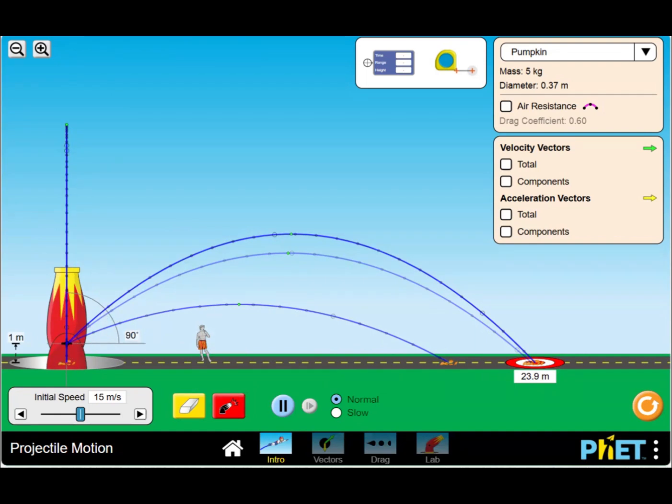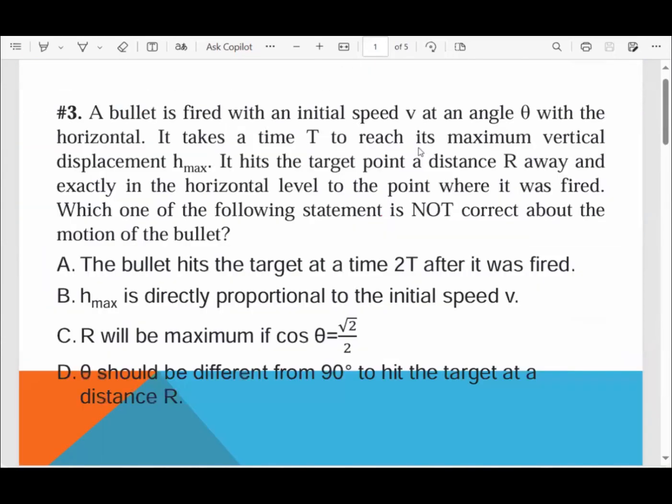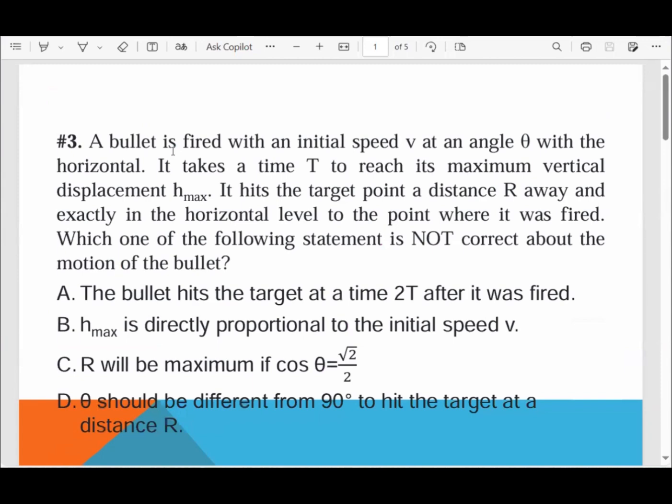Therefore, let us go back to our question. The question says, a bullet is fired with an initial speed v at an angle theta with the horizontal. It takes a time t to reach its maximum vertical displacement h max. It hits the target point a distance r away and exactly at the horizontal level of the point where it was fired.